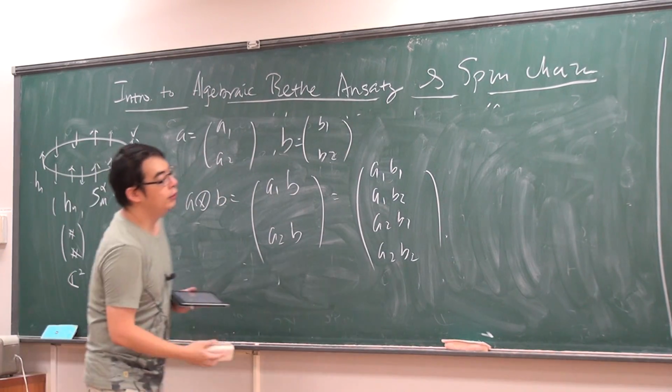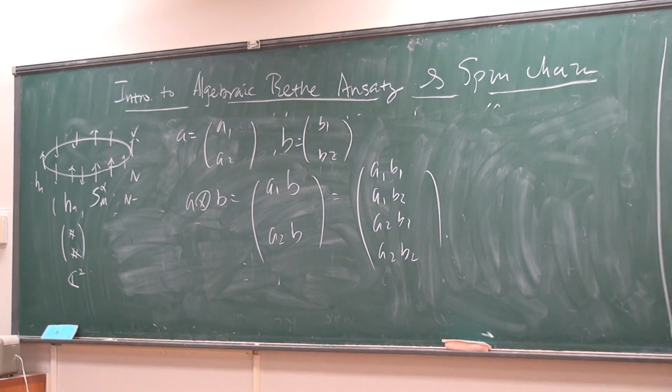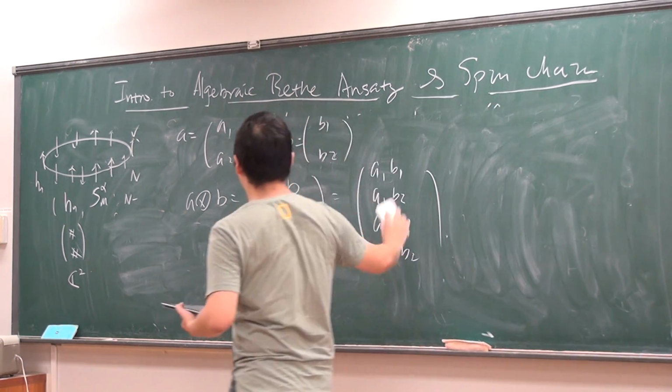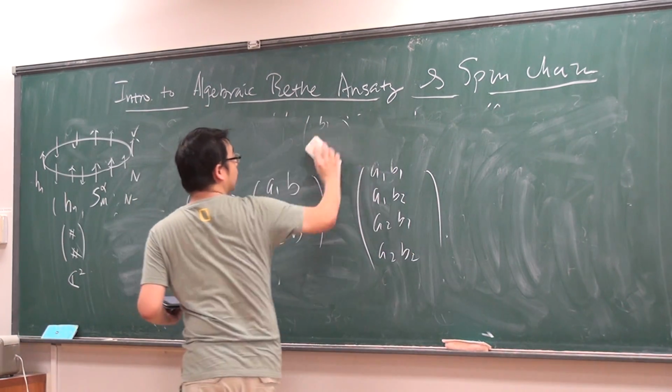All right, so now we are ready to look at the famous example of the XXX Heisenberg spin chain. Any questions so far before I move into it? Or maybe it will become more clear when I talk about this explicit example of the spin chain.